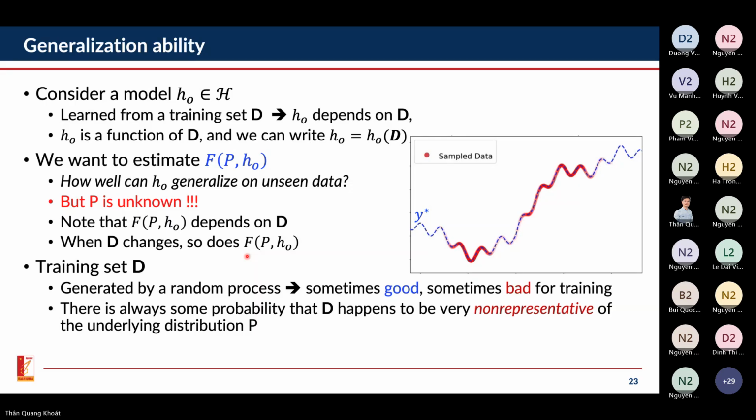Sometimes you can obtain a very good training set, but sometimes you can have a very bad training set, right? For example, your training set is very small, or very noisy, or biased, or non-representative, right? And in those cases, the training set can be very bad, and it can lead to a very bad model, right?